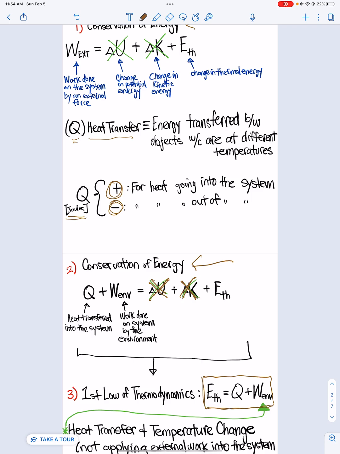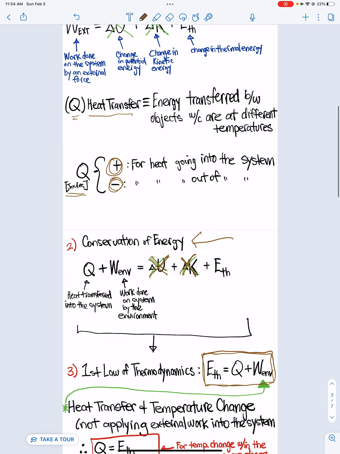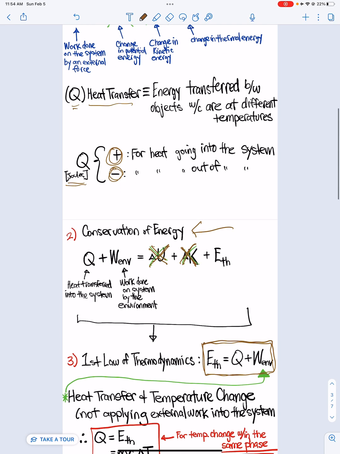Okay, that's this guy. So if we're doing heat transfer and temperature change, we're not applying any external work or physical forces to our system. So actually, we could also cross this out, the work done on the system by the environment, right? Because we're not applying any external work or physical forces to our system.